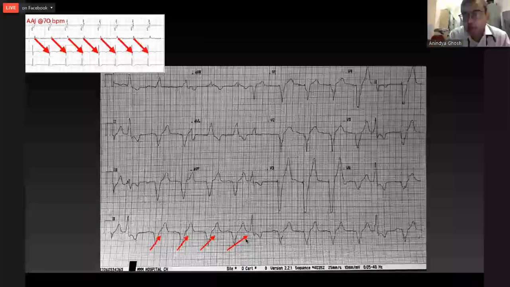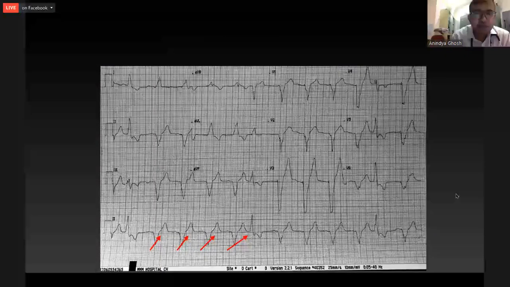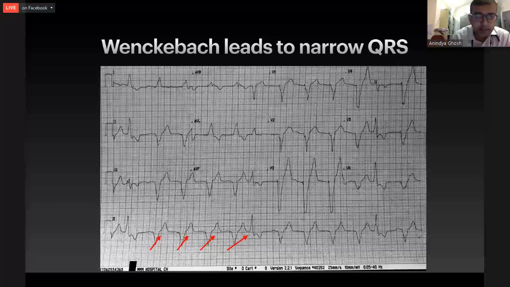Normally, what we see on an ECG for Wenckebach is group beating with some dropped beats. Here, the Wenckebach is manifesting as the appearance of a narrow QRS. This is exactly the opposite, in that normally we see a dropped beat in Wenckebach. Now there is an extra QRS, and extra pentageminy, which is giving an impression of a 5:4 Wenckebach.